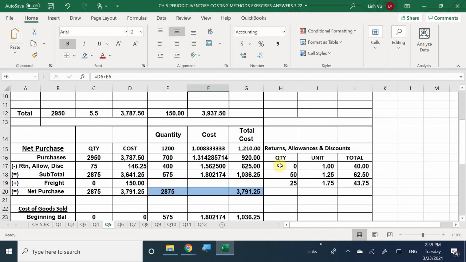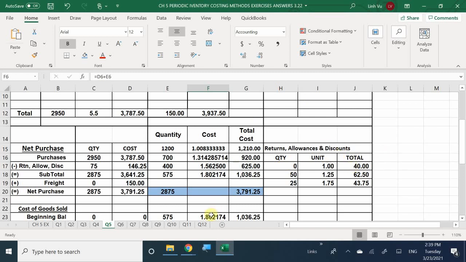We only got a 20% discount, or in terms, an allowance. So we actually got money back because they made a mistake. They sent us the wrong color. So they're giving us 20% money back. That 20% gave us a total of $40 refund.